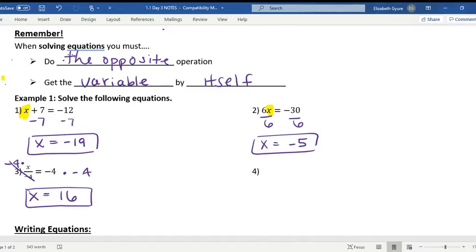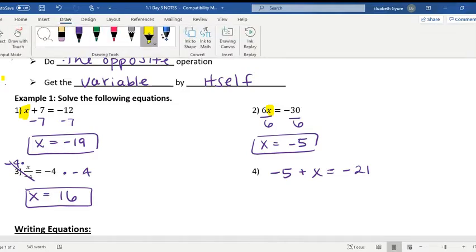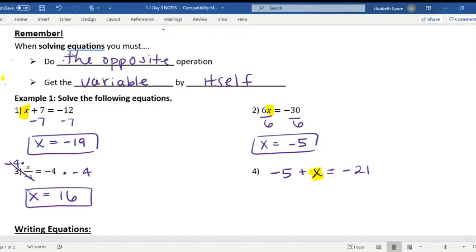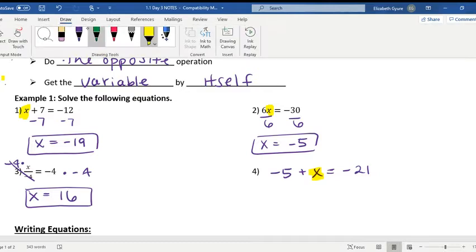And number 4, I'm going to make up another problem. We're going to do, how about -5 plus x equals -21. Because why not? -5 plus x equals -21. Now I'm giving you guys something like this because it's just a touch trickier.